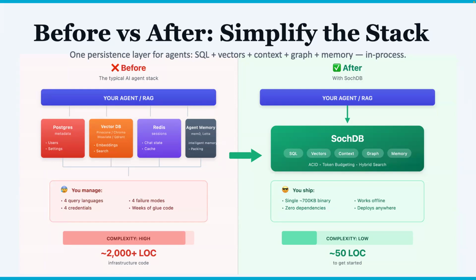Then you want to immediately retrieve certain cache and stuff, so you use Redis. Then you want agent memory, so you will be using mem0 and Letta and stuff, right? As an engineer, you are almost learning multiple languages to get things done. But when you use SochDB, it's just a single database which gives you all these features in one.